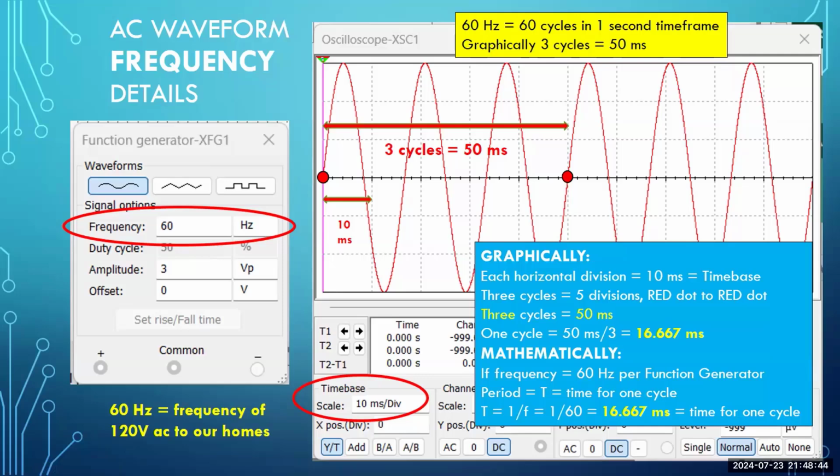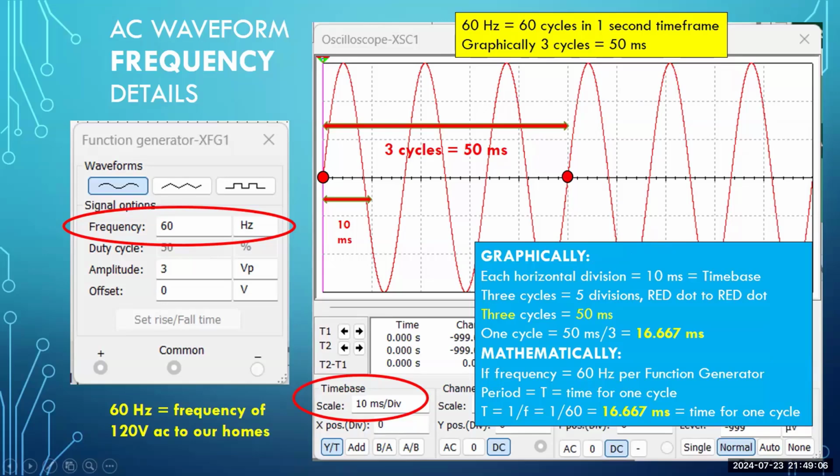Can you determine graphically the time for 1 cycle? Yeah, you've guessed it. If 3 cycles is 50 milliseconds, why don't we just divide the 50 by 3? That way you'll find the time for 1 cycle. Seems pretty straightforward, I hope. So looking at the blue box, graphically, each horizontal division represents 10 milliseconds.